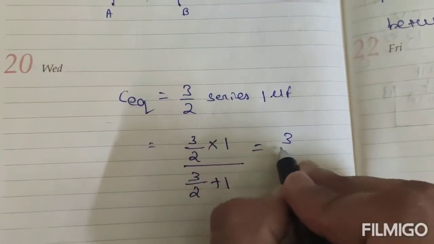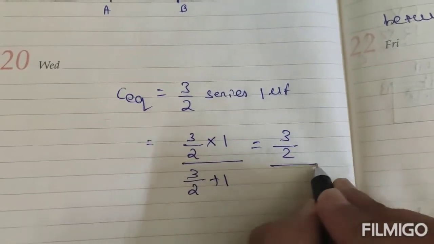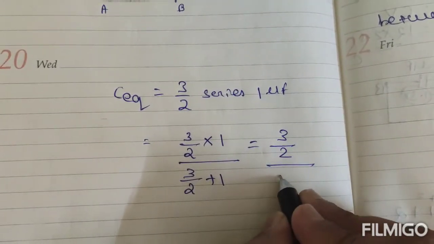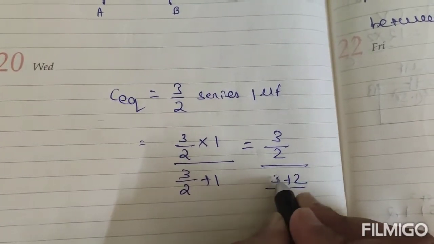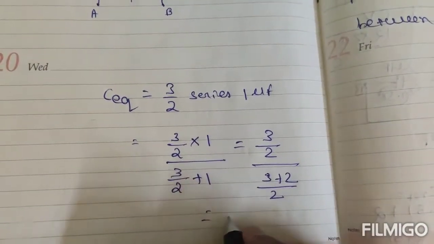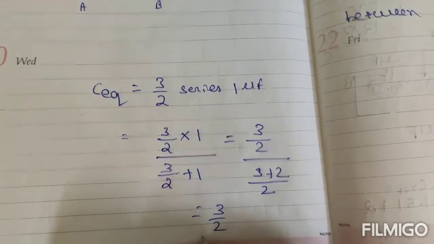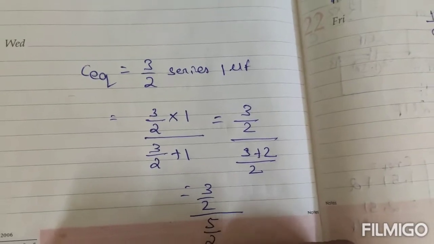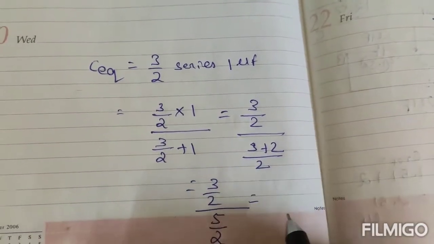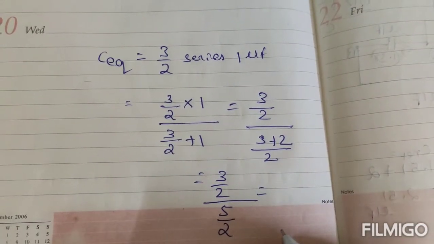So this is 3 by 2 whole divided by 5 by 2. If you solve, you will get the answer.